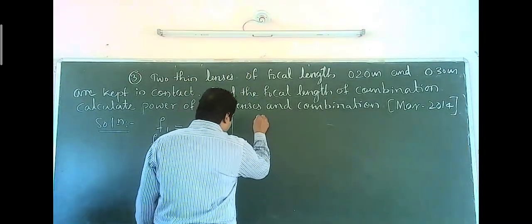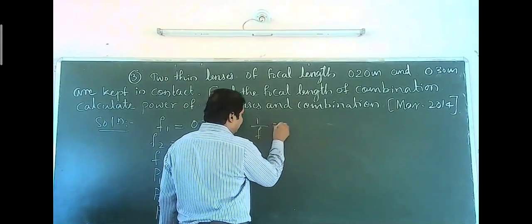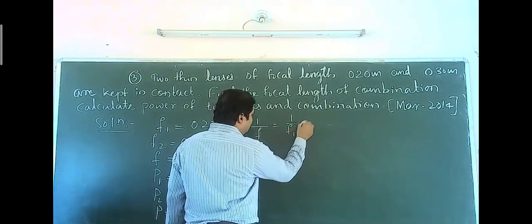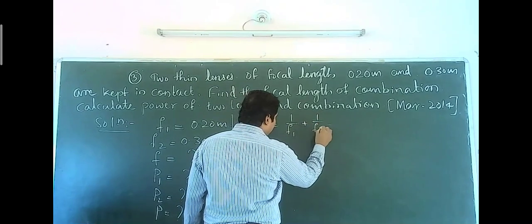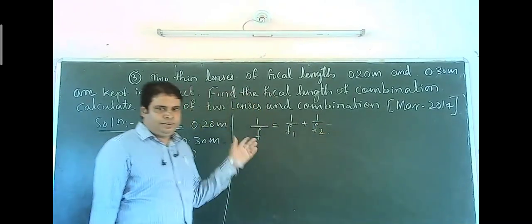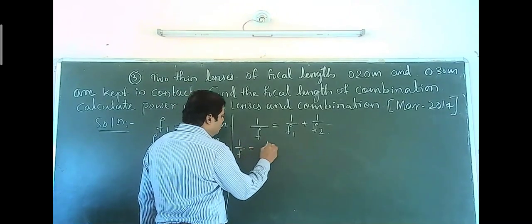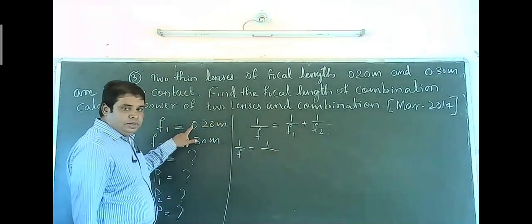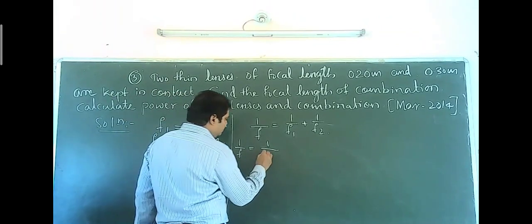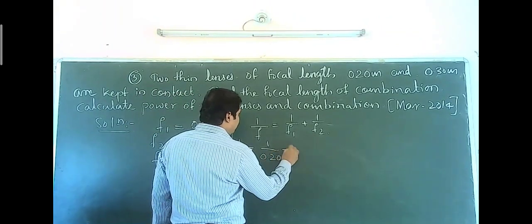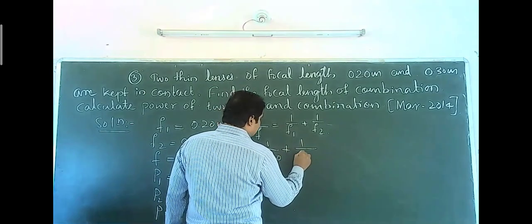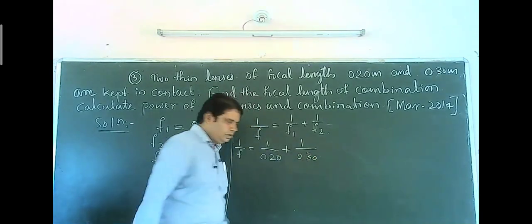We know the formula for two thin lenses kept in contact is given by 1 by f is equal to 1 by f1 plus 1 by f2. Or 1 by f is equal to 1 divided by 0.20 plus 1 divided by 0.30.